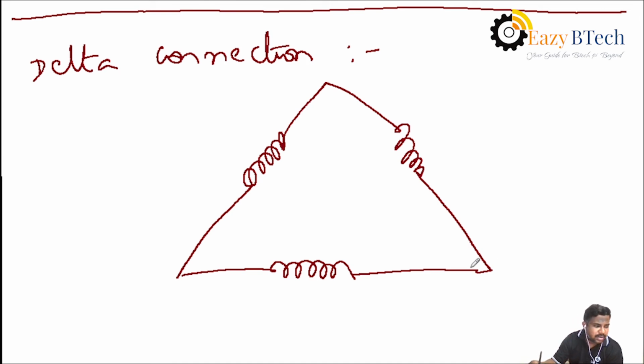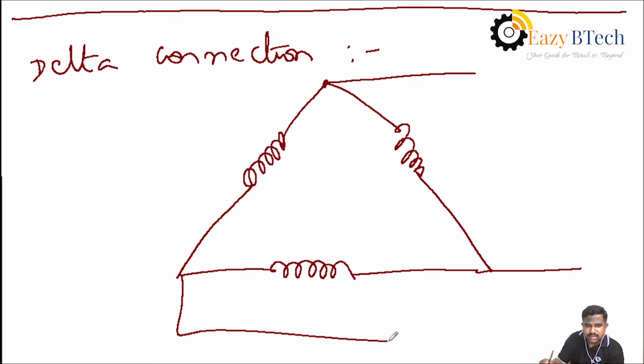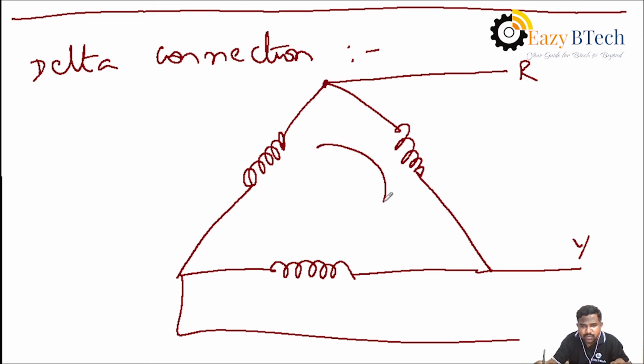The three phases are connected like this. Between any two joining phases, a node point will be obtained. This is one, this is second, and this is third, which are R, Y, B. Then it is a closed loop.